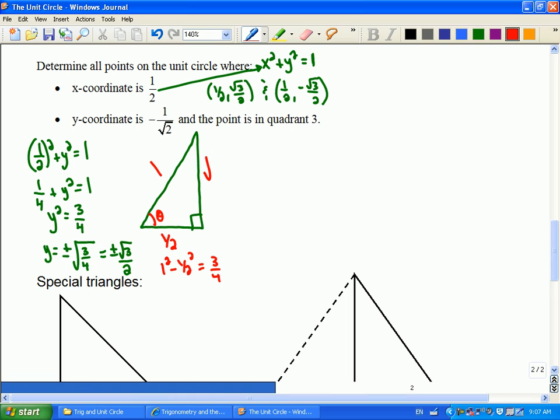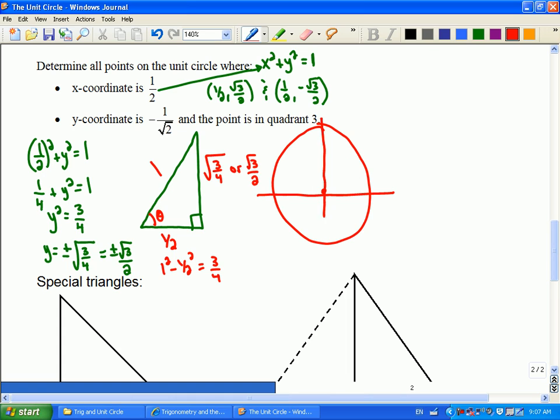So this will be √3/4 or √3/2. So how could I draw those triangles? Here's where they would go on the unit circle. One of them could go like this, and the other one could go like this. Okay, both of those have 1/2 for the x coordinate, 1 for the radius, and this one is √3/2, and this one will be negative √3/2.